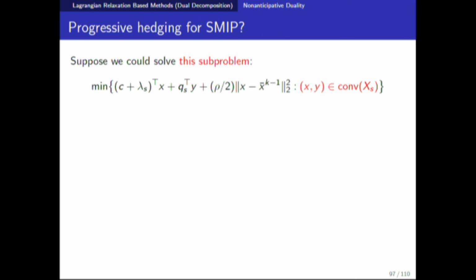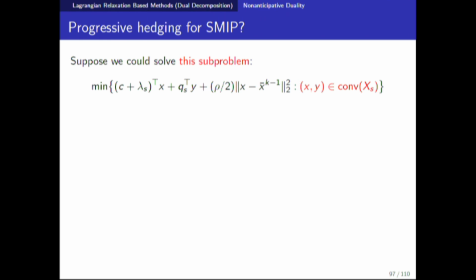But more recently, and I'm going to do some advertising for a talk that will be coming later in this conference, we started thinking about, could we do something more? Could we actually turn this progressive hedging idea into a convergent algorithm for the Lagrangian dual? The first thought experiment is to say, if instead of solving the problem over the set capital X_s, which had all the integer constraints in it, we imagine that we can solve the problem over the convex hull.